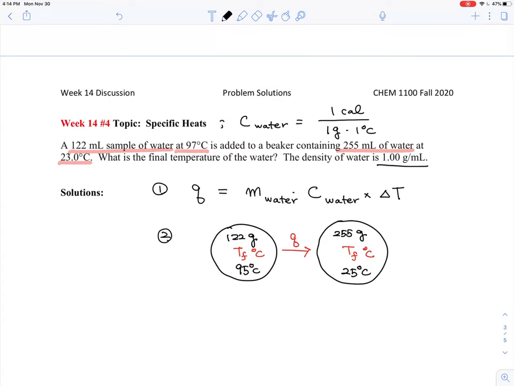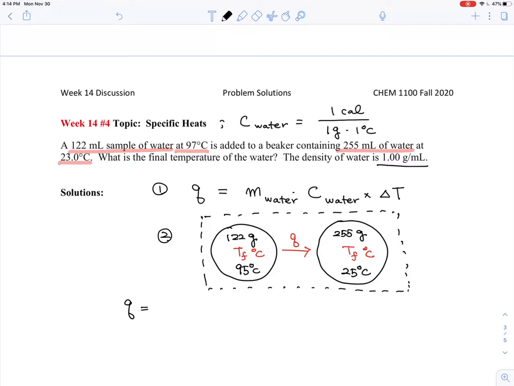One way to think about it is that this is a whole system. No heat is lost in or out of it, just an internal transaction is happening.